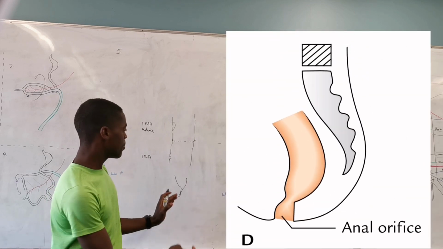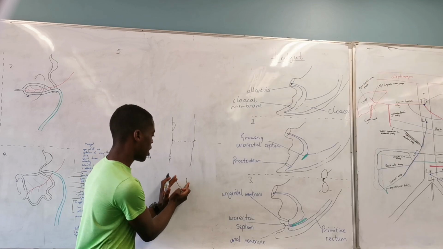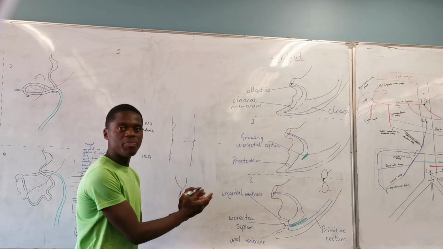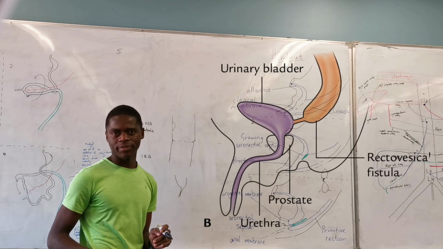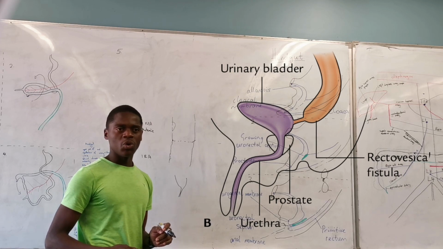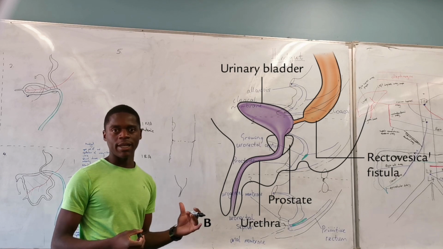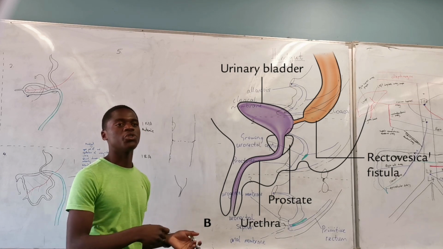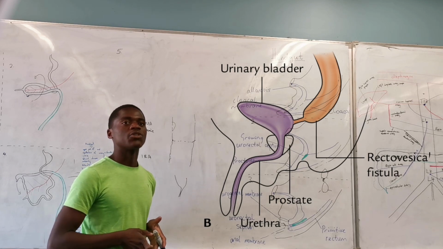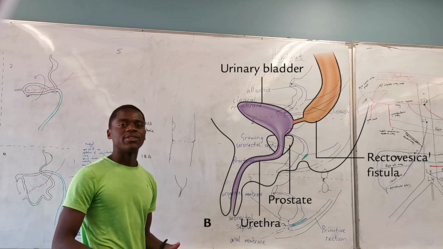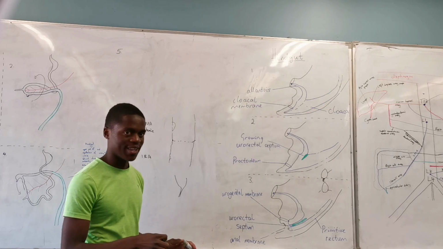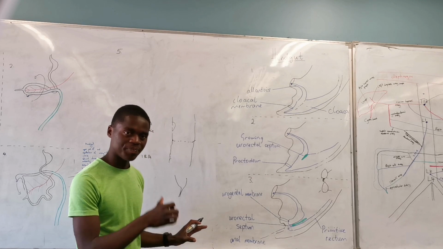You can also have this anal canal being joined to the bladder, which you call the urorectal fistula. Imagine that it's joined to the bladder. That means the stool is going to pass through the bladder and through the urethra, instead of the normal route.